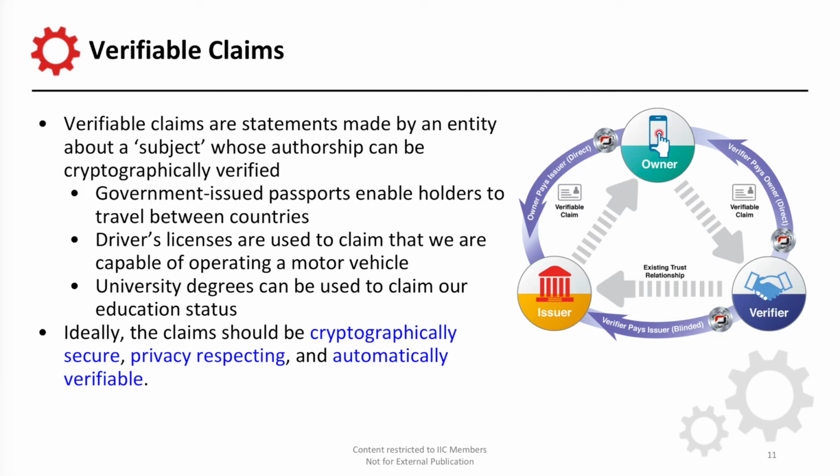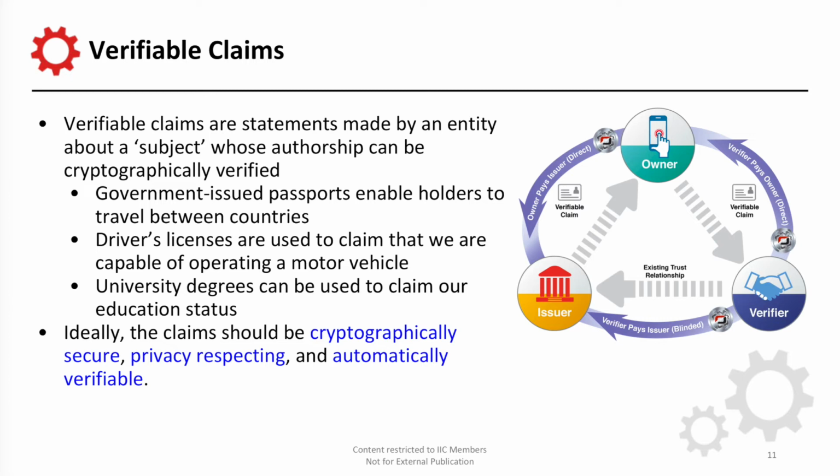For example, a government-issued passport will enable the holder to travel between countries. A driver license will enable you to drive a car, right? University degrees will enable you to claim your educational status. All of those are verifiable claims because you can check whether those documents are real or not.